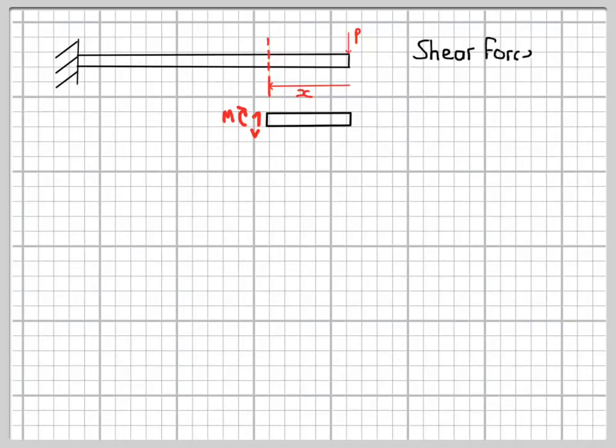If we do that, then we can consider the equilibrium of the piece we've imagined cutting off, and the first thing we see is that the shear force has got to equal P, the load acting down in this example, and that this is completely independent of the value of x. If we took our cut near the tip of the beam or near the support, the shear force would still be P.